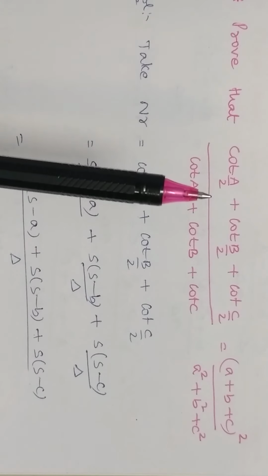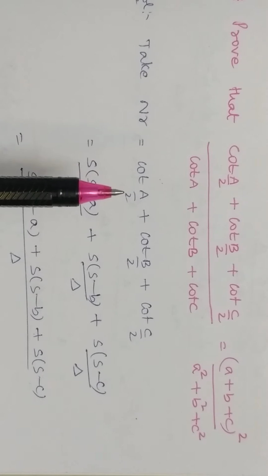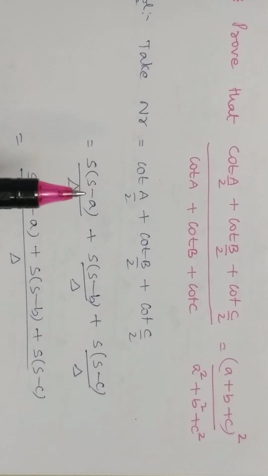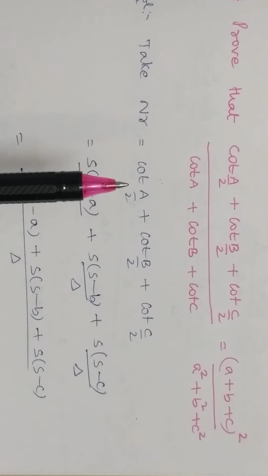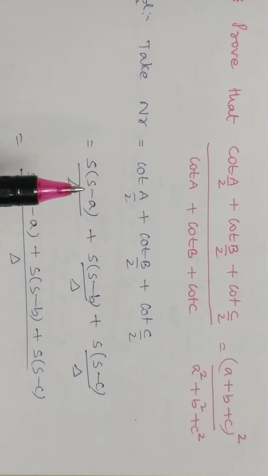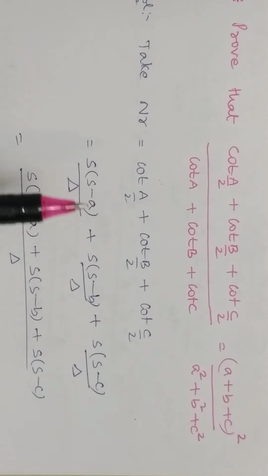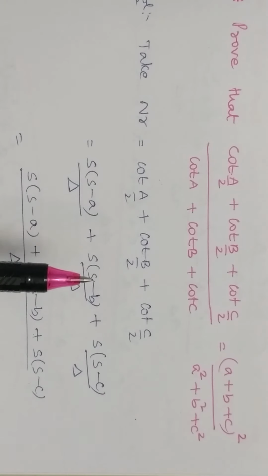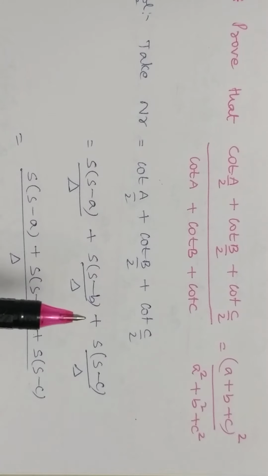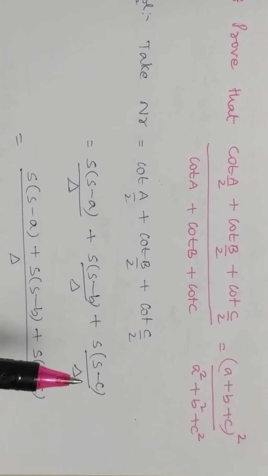Cot A/2 + cot B/2 + cot C/2. Cot A/2 formula is S(S − A)/Δ. Cot B/2: in the place of A you are having B, so in the formula also, in the place of A you will get B. So the formula is S(S − B)/Δ, plus cot C/2 formula S(S − C)/Δ.